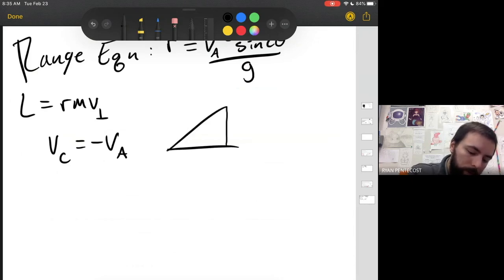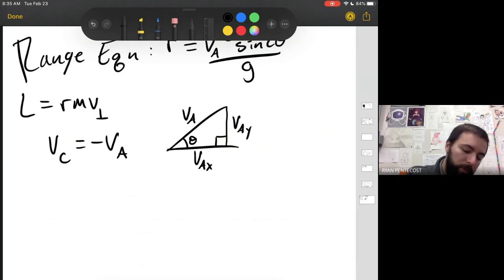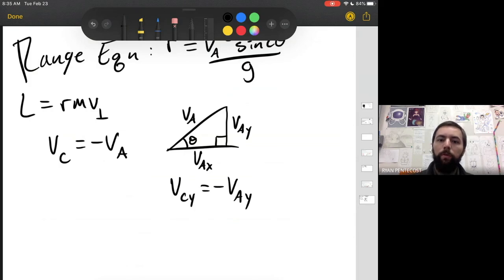But what would be even better is to say that if you have VAX and VAY, it would be even better to say that VC in the Y equals negative VA in the Y. Because we know that if an object is launched upward, even in a projectile, once it returns to that original vertical level, it will have the exact same velocity component in the Y direction.